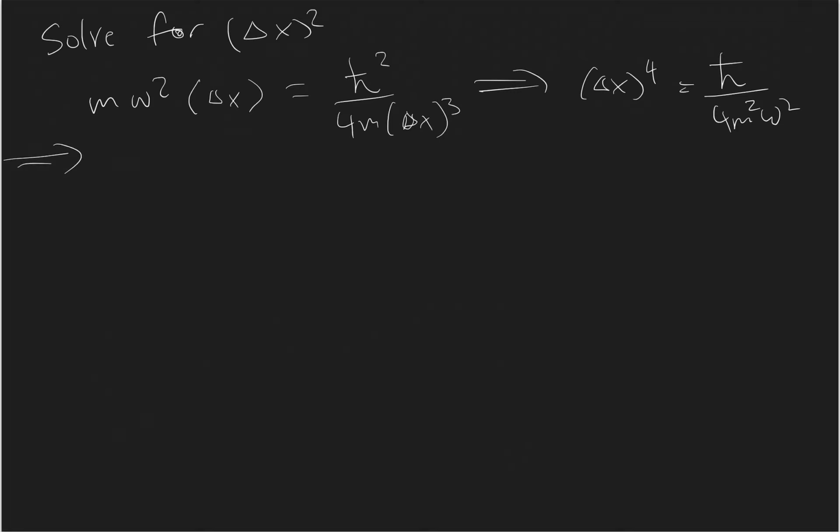So the variance should be equal to h bar over 2m omega.